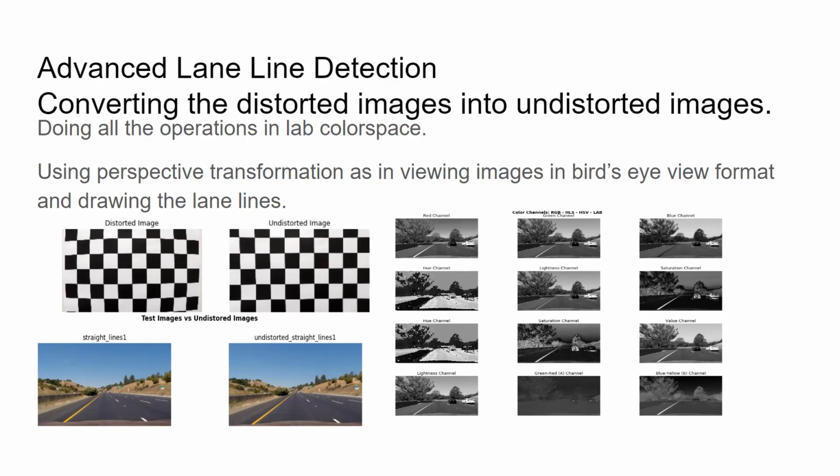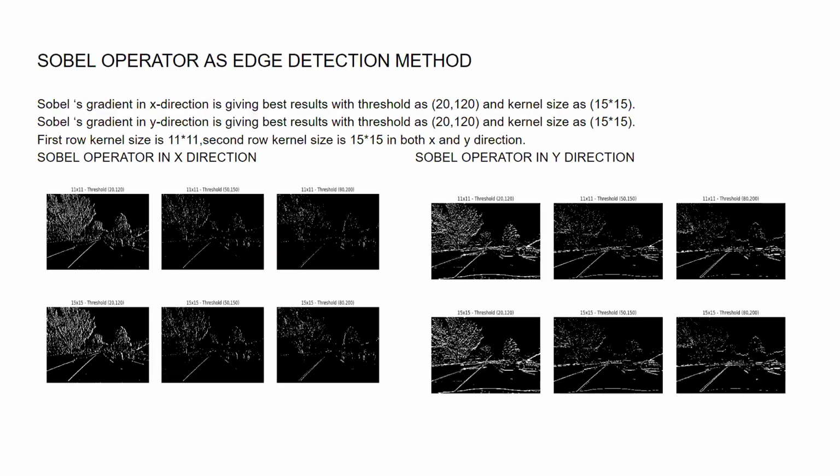So we will go ahead with the HLS color space and the Lab L channel. Now the next task is to find the edges. Here we use the Sobel method for detecting the edges. The Sobel method has an inbuilt process in OpenCV which applies Gaussian blur to the images and also detects the lines in the images.